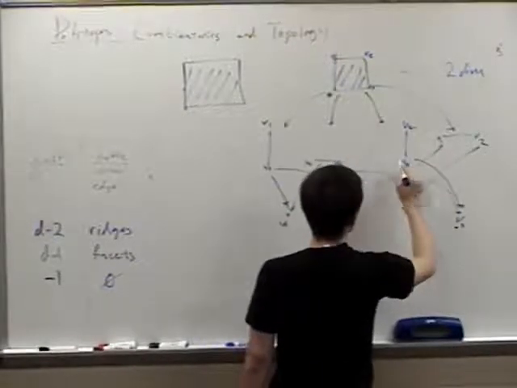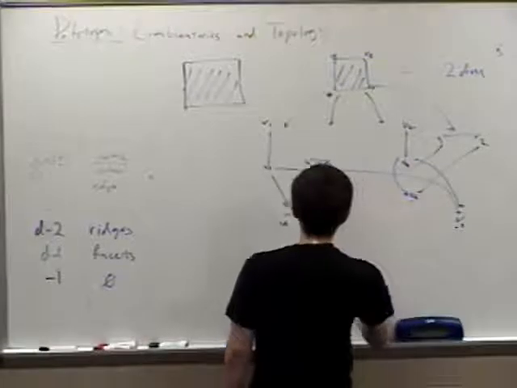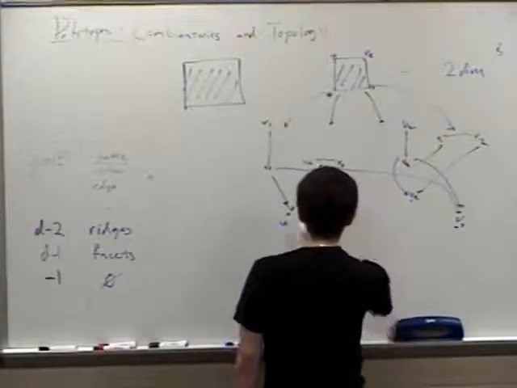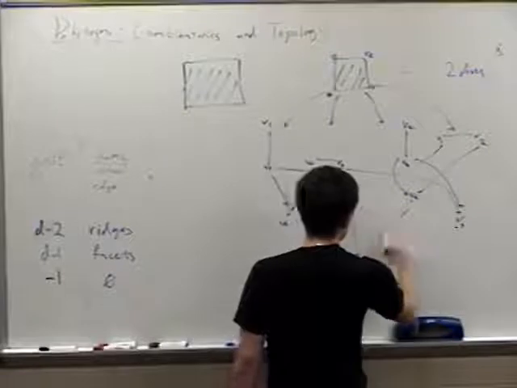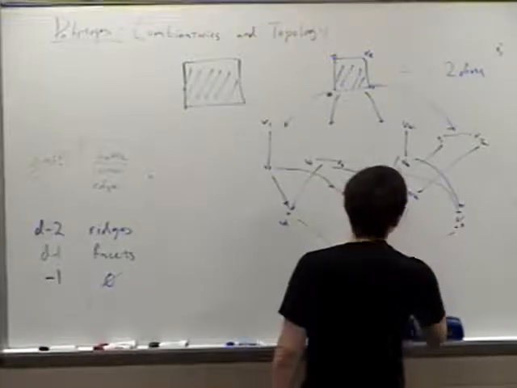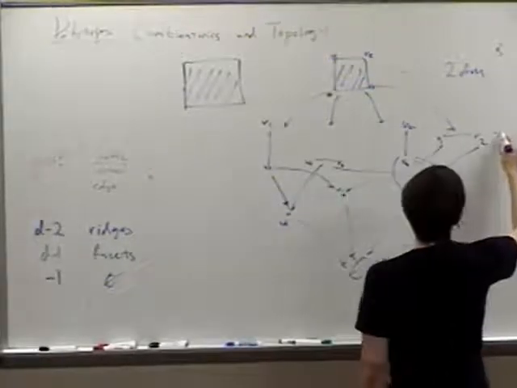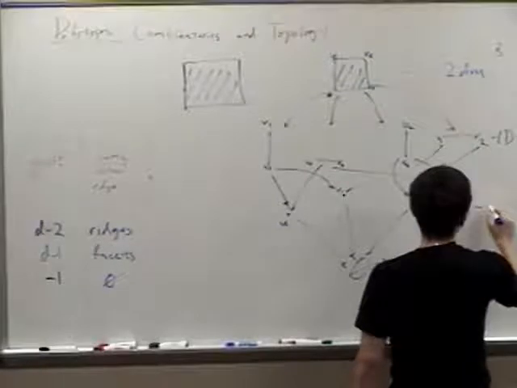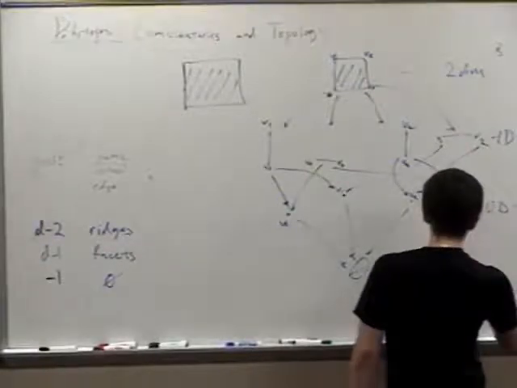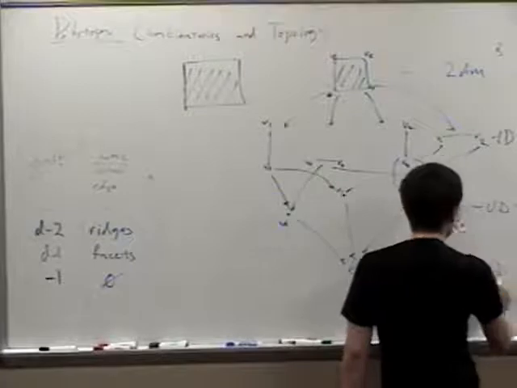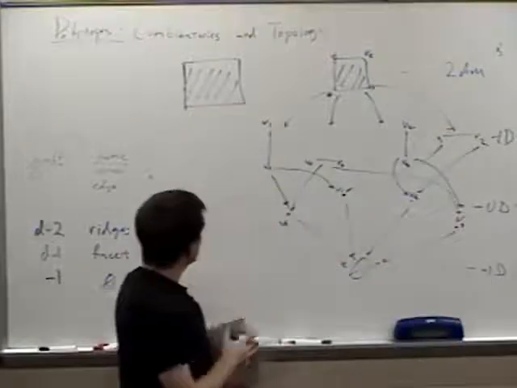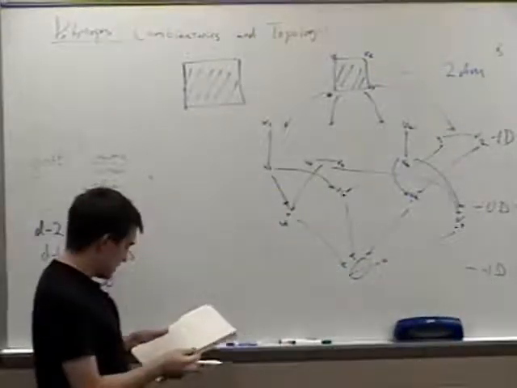And this one. Right. And then at the very bottom down here, we have an empty set. So these will be 1D, and then these are 0D, and then down at the very bottom, we have a negative 1D face. So this structure here is sometimes called a face lattice.